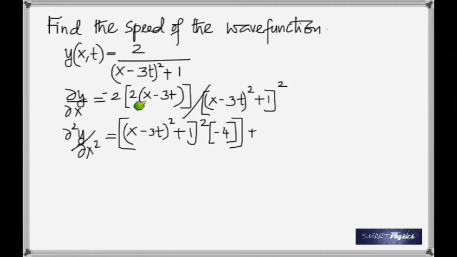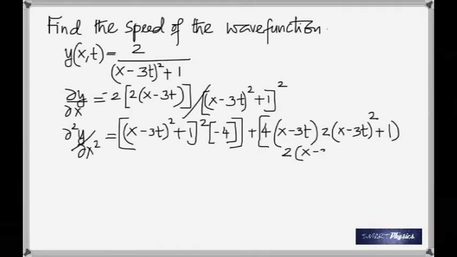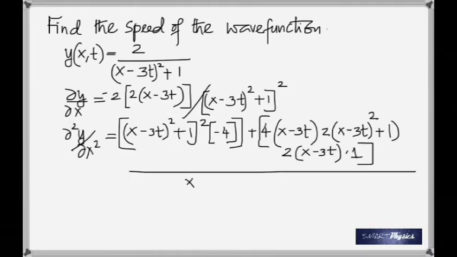And since this is already minus, the two negatives make a positive, and you are going to get plus 4 (x minus 3t), and then the derivative of this term, you have to be careful with that, it's 2 times (x minus 3t) whole squared plus 1 times 2 times (x minus 3t) times 1, of course.